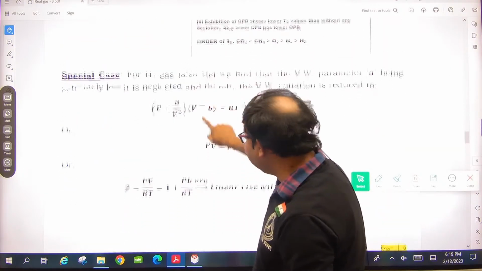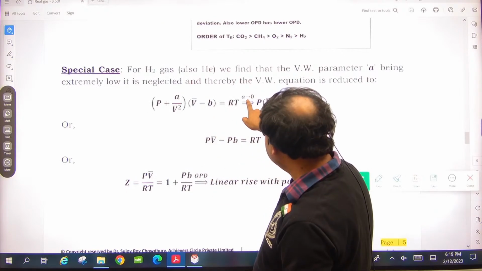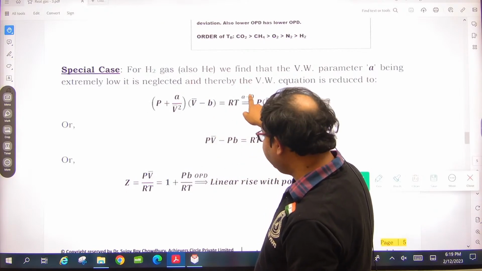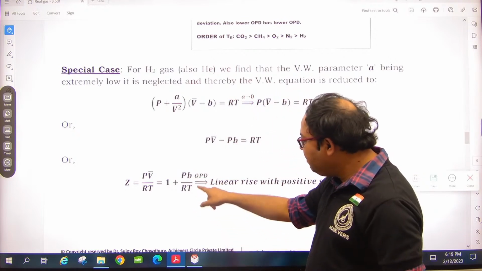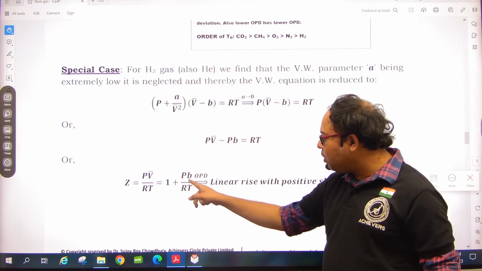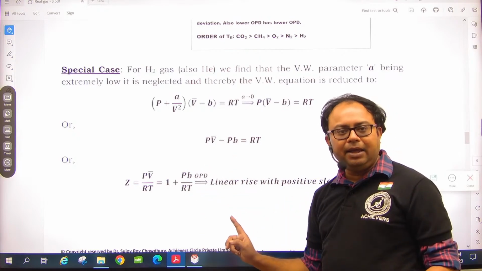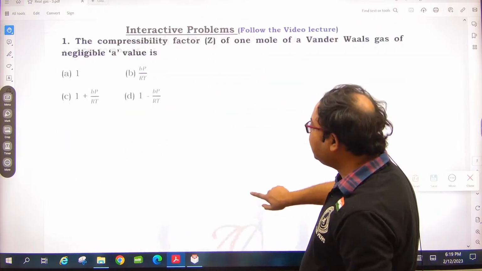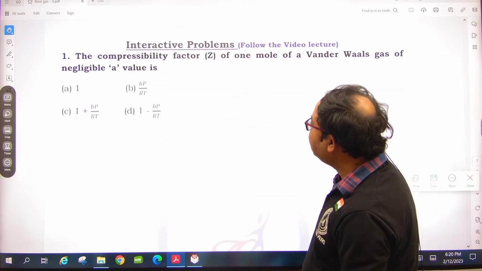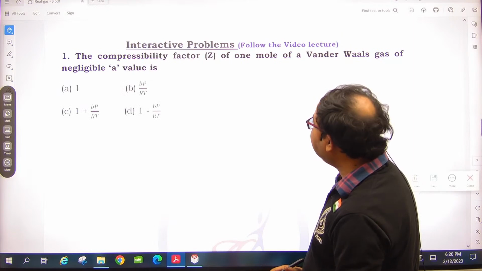In the special case, we saw that for negligible value of A, that means if A is tending to 0, then the slope is B by RT. Z becomes 1 plus B by RT multiplied by P. The slope becomes B by RT. So the answer must be B by RT.